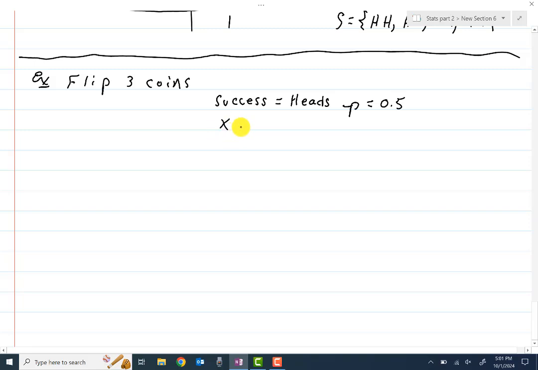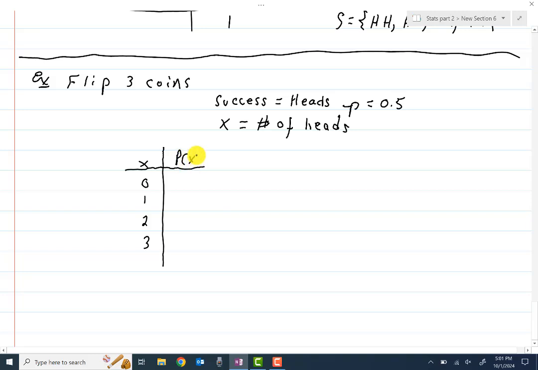And I'm going to let the variable X stand for the number of heads. This is typical. Whatever you want to be successful, X is usually going to be that. So when I put out my possibilities now, I have 0, 1, 2, and 3 possibilities for heads.